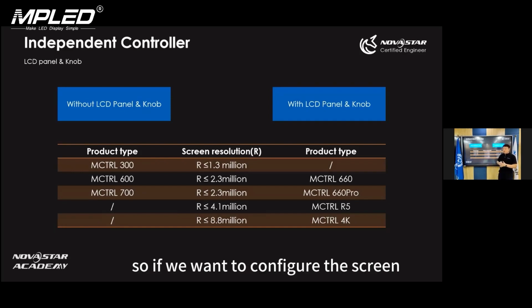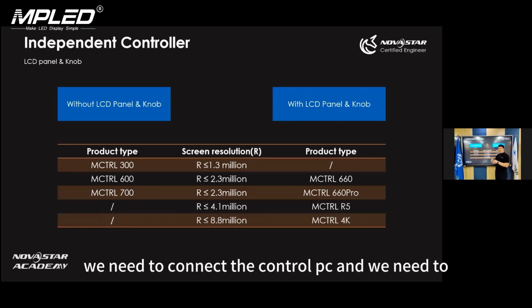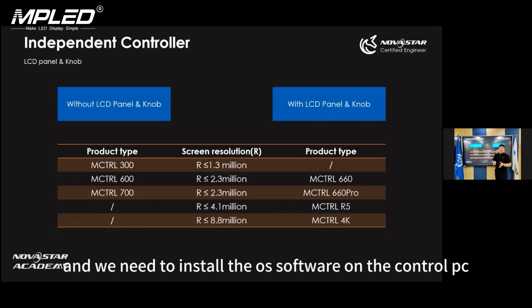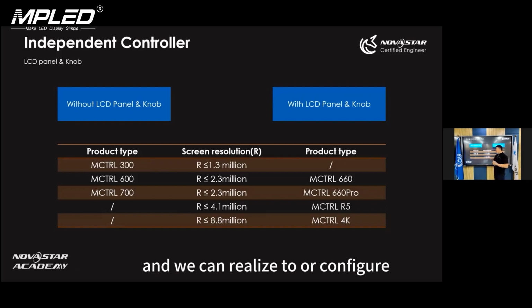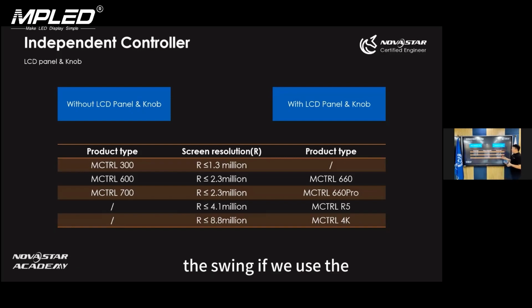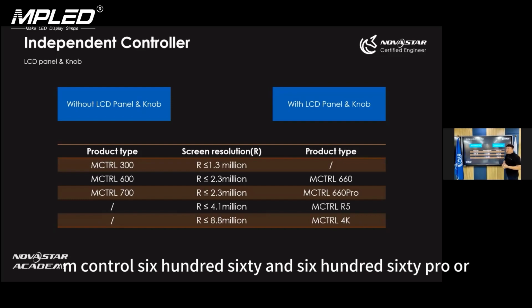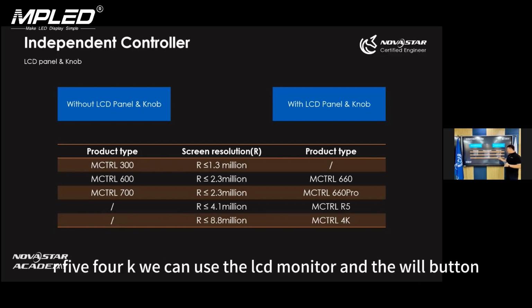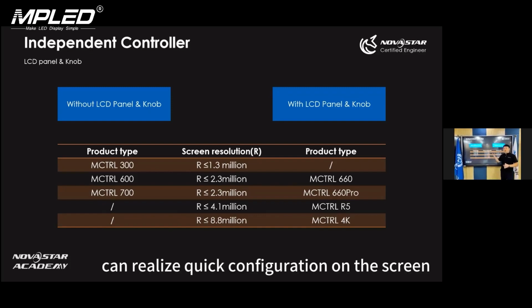So if we want to configure the screen, we need to connect a control PC and install the Novastar software on it. Then we can configure the screen. If we use the M Control 660, 660 Pro, or R5 4K, we can use the LCD monitor and the wheel button. We can realize quick configuration on the screen.